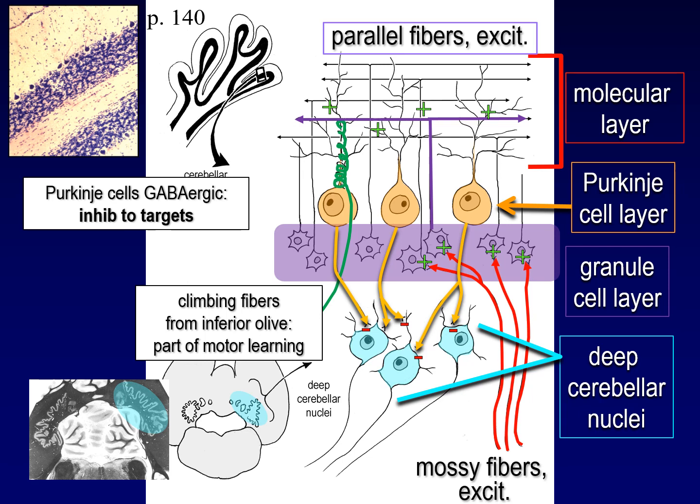Let's keep our life simple and recognize that overall, the cerebellum's job is actually to remove excessive and inaccurate movements from the motor plan. And so it's fitting that the Purkinje cells would therefore be inhibitory.